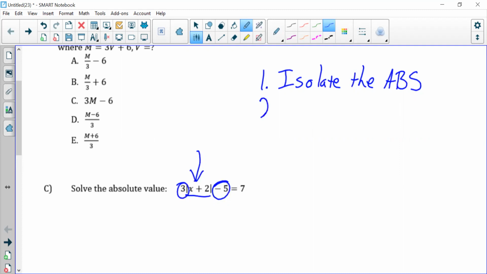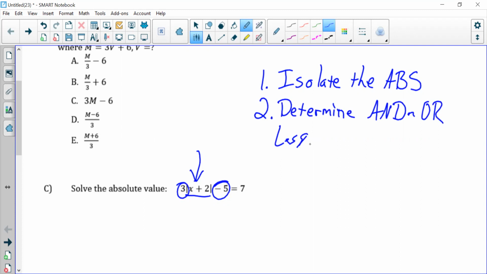Step 2, determine if it's an and or an or. The way we do this is you remember less than, greater. Bear with me for a minute. I'm writing faster than Smart Notebook can keep up.